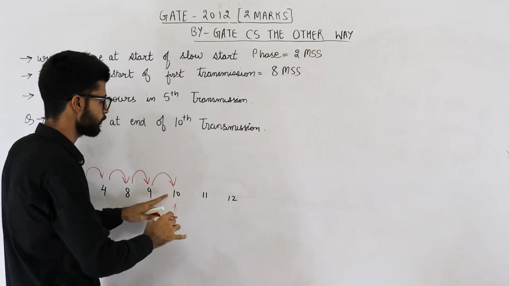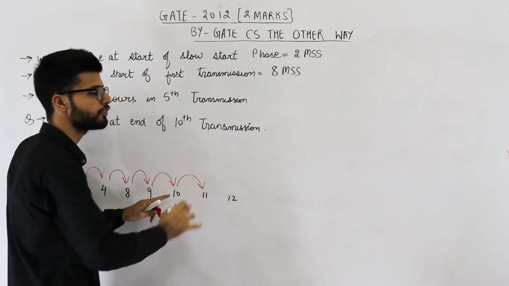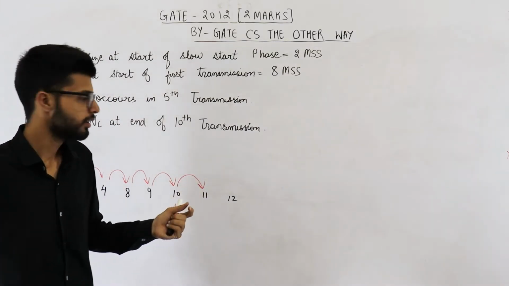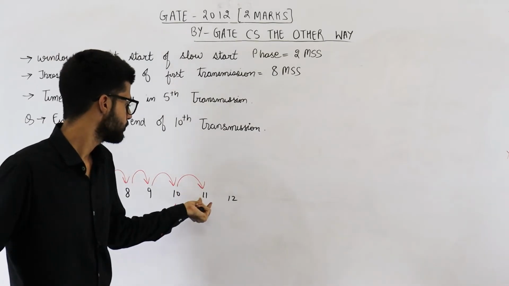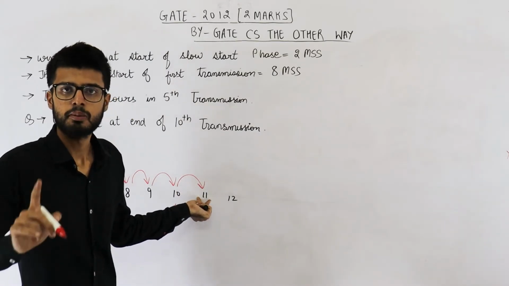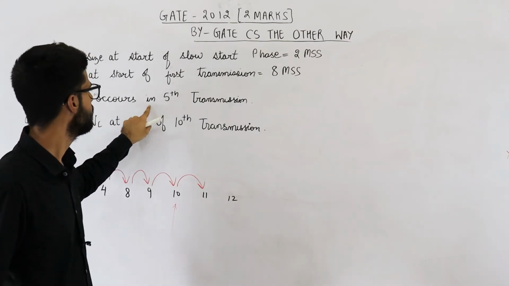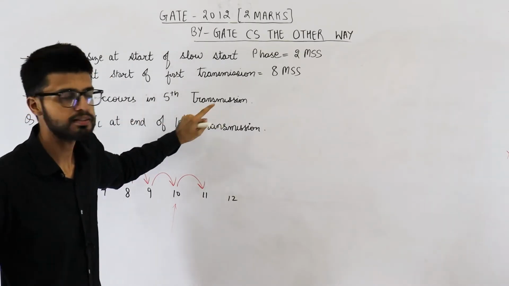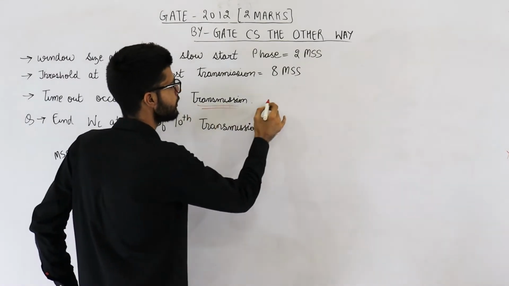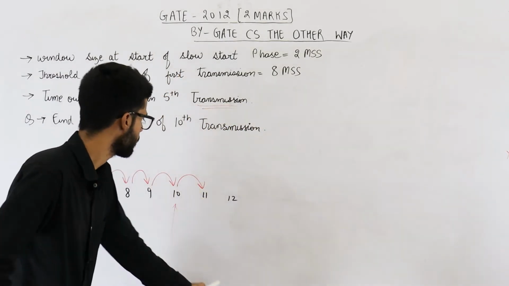Then this happens after 4 RTTs and this happens after 5 RTTs. They think that after 5 RTTs means here, the timeout occurs here. But question clearly says timeout occurs in 5th transmission. The word is transmission. It is not RTT. Okay, so just be careful.